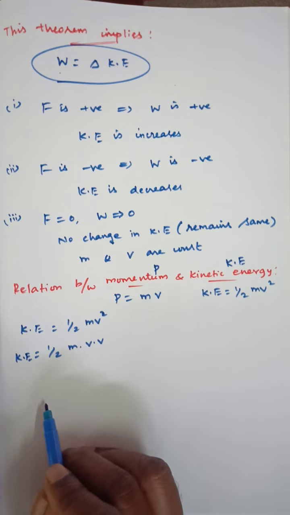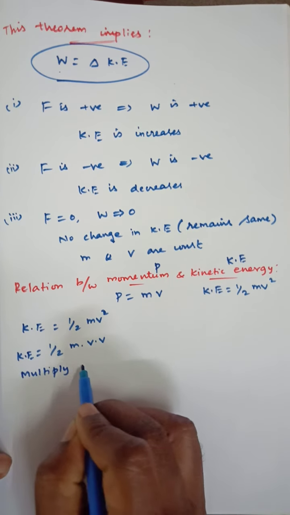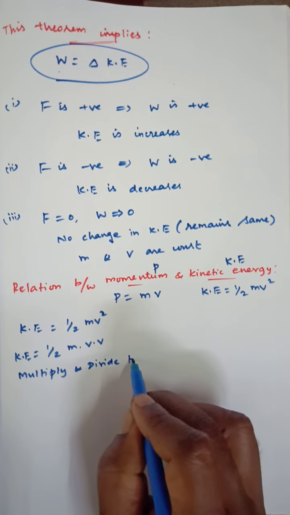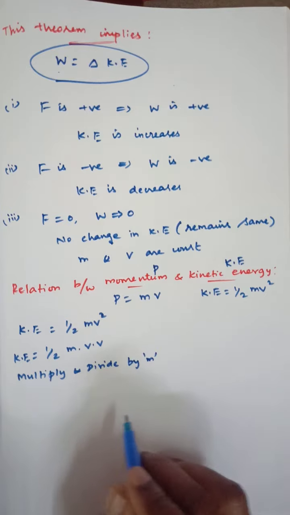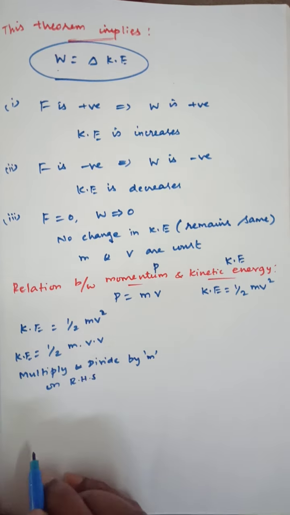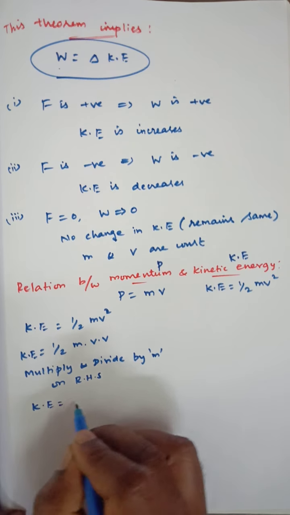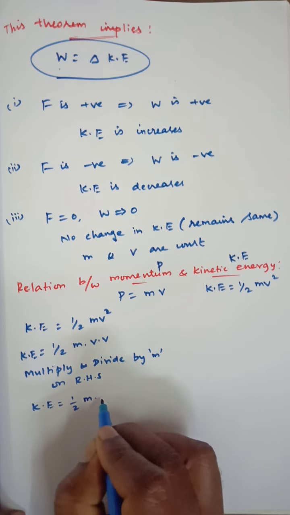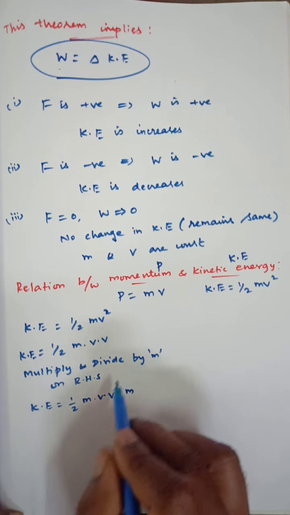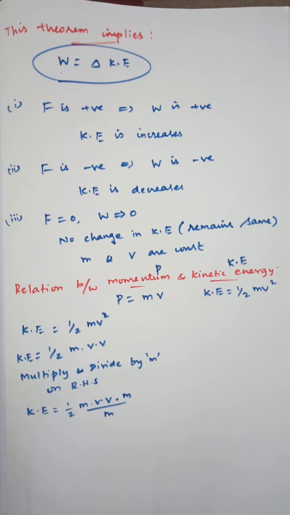So we have KE is equal to half into m into v into v, multiplied by m and divided by m. Now we can group the two things.